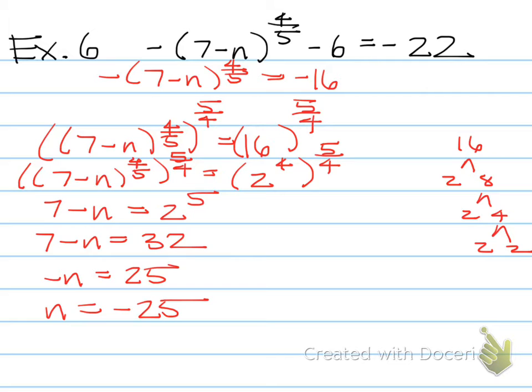And now that we just did the positive value for the base, we want to do the negative value for the base, since the numerator for the fractional exponent was even. So we want to change the sign of everything in the base.